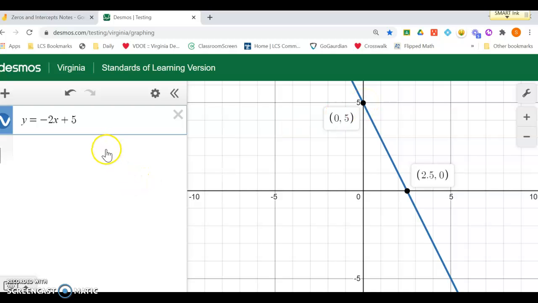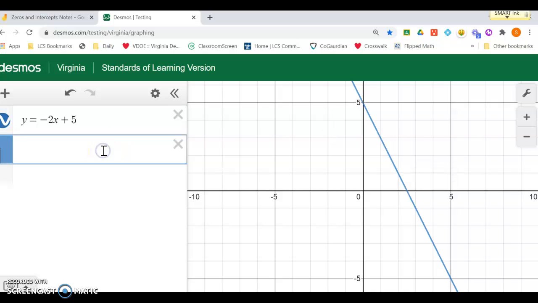And one thing I want to show you, sometimes you may have multiple choice answers, and they may not be written as decimals. And so what you're going to do if that is the case, and your answer on your graph gives you a decimal, all you're going to do is come back over here and type that decimal in. So I'm going to type in 2.5. Click the button on the left here that looks like a fraction, and that's going to turn it into a fraction for us.